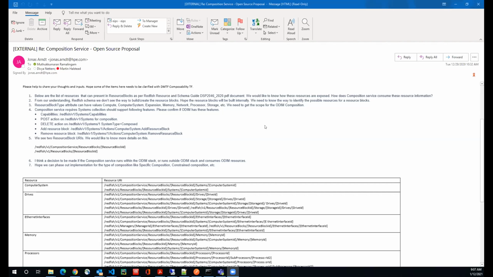Yeah, that's where you end up with disaggregated components aggregated into a whole, like a computer system. After composing a system, when the system is of type composed, we can add additional drives as an add resource block of drive type.